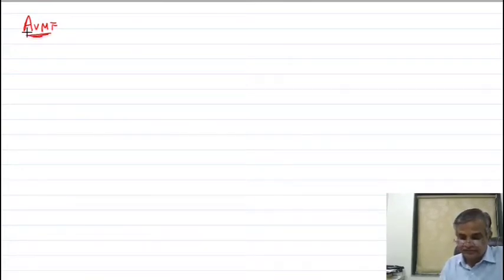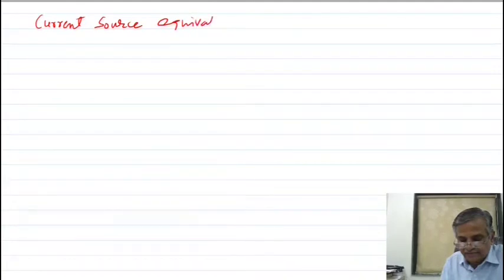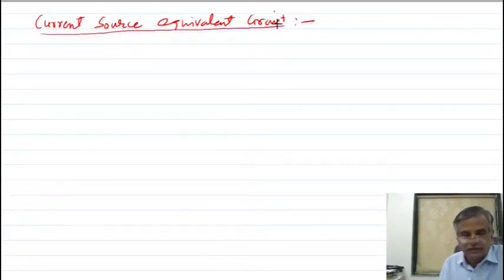Before this, let us draw its equivalent circuit. So I am showing you the current source equivalent circuit for the cascade common source amplifier.